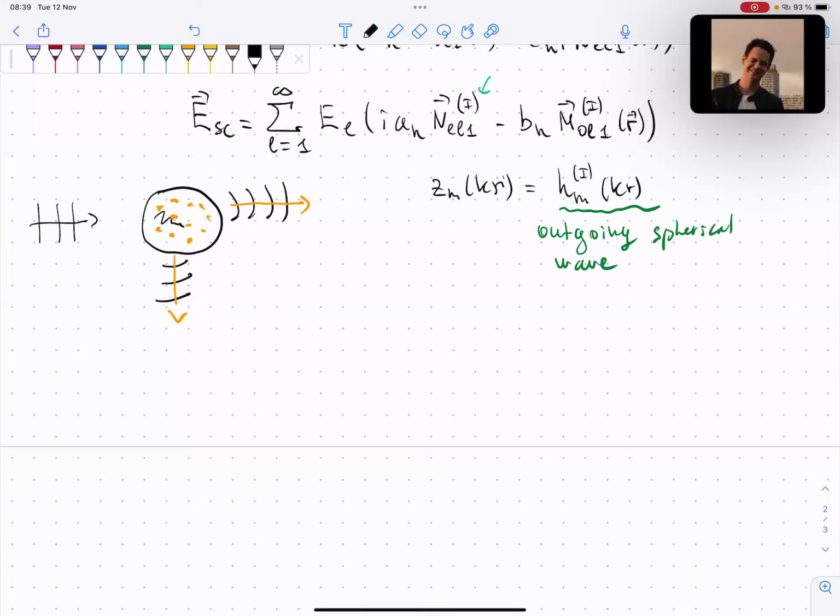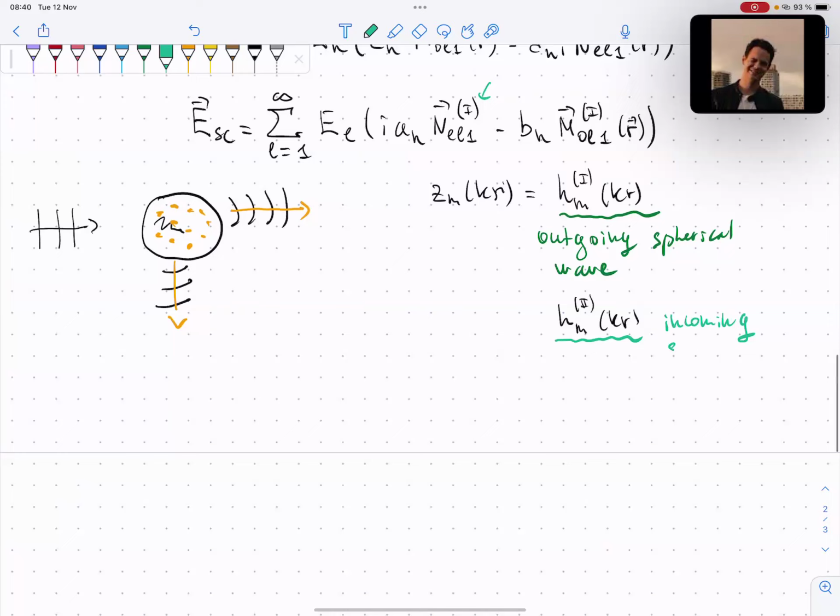And, for example, the Hankel function of the second kind will be an incoming spherical wave.